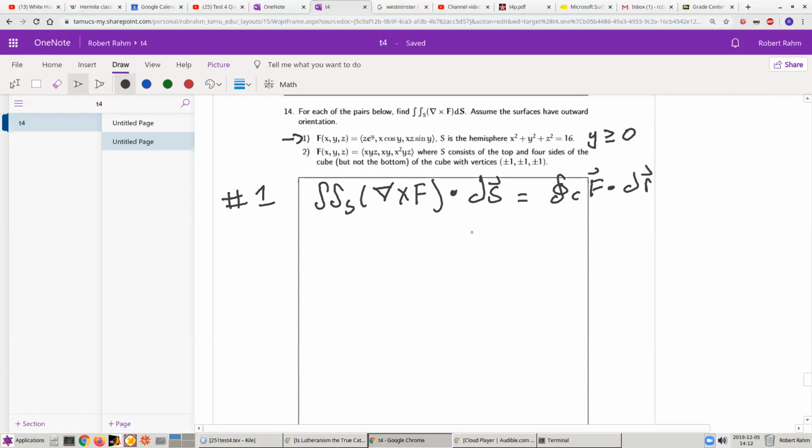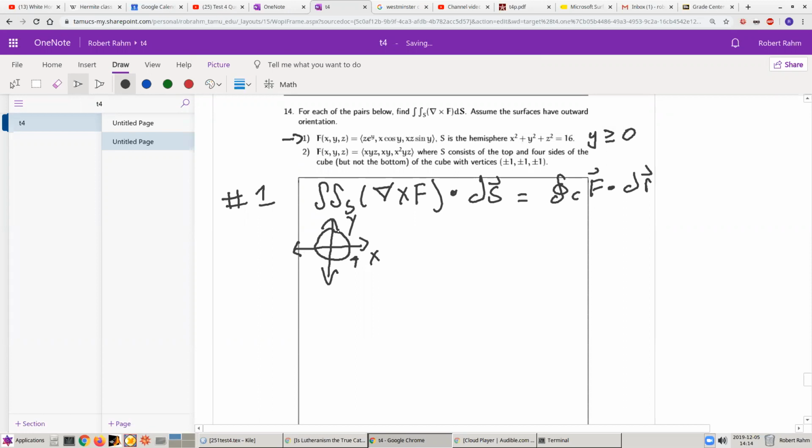So what is the boundary curve of this surface? Well, if we look at the projection of this shape onto the plane, it is a disk of radius 4, and this circle is the boundary curve.